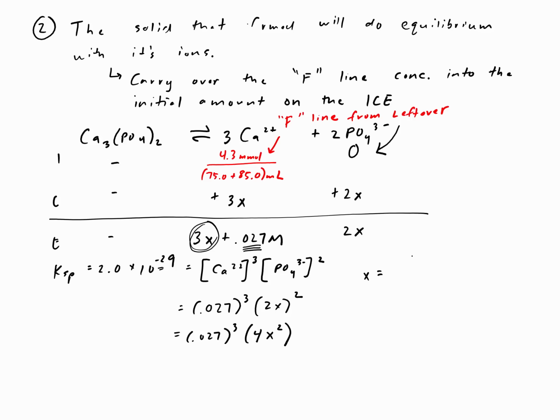I'm going to have the KSP, which is 2.0 times 10 to the negative 29th, divided by 4 times 0.027 cubed. And then I'm going to square root both sides like that. That should be right.